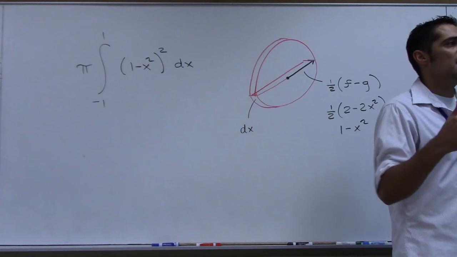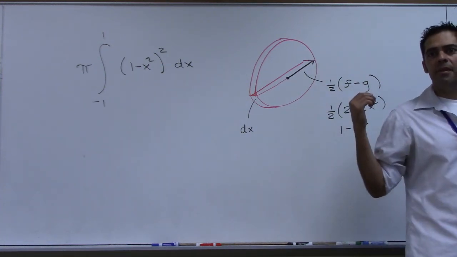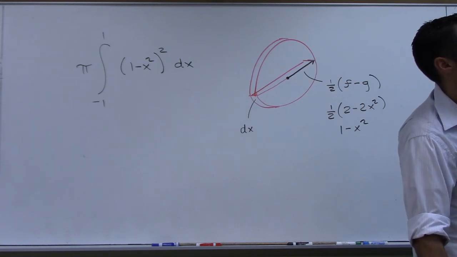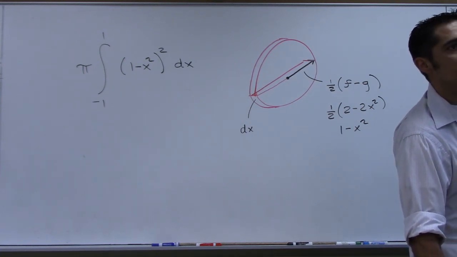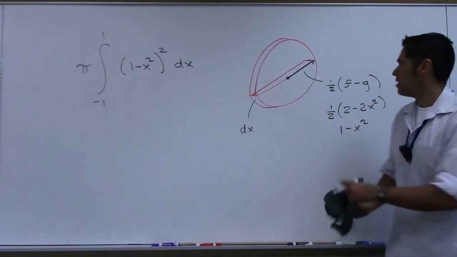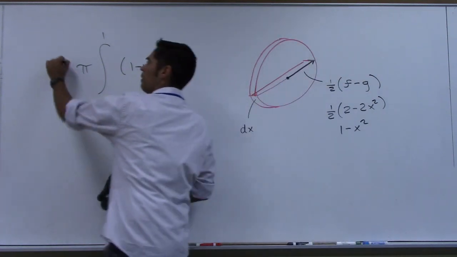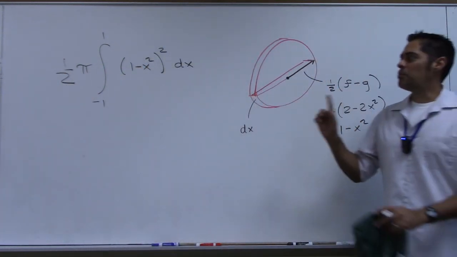What if I said instead of circles that they were semicircles? It would be half of this, right? And that would work this way. You would just take half that volume if they were semicircles. So if they were semi, all you do is just put a half in front of this. All right? Last one.